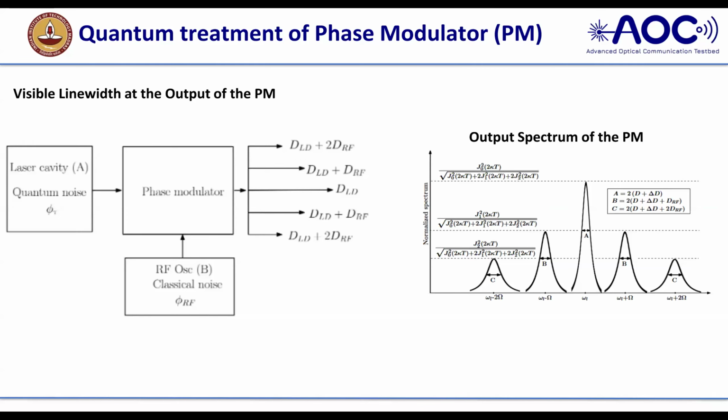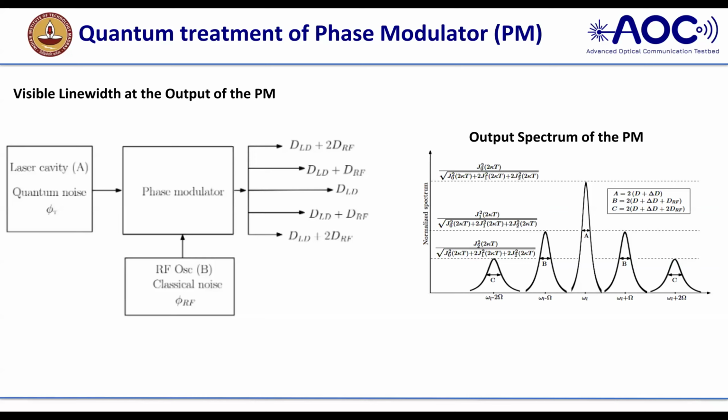So A, B, C are all interrelated, and you can decide what probability of the photon can fall to the other. So what is the output? We observe that when you have the laser cavity A, you have the quantum noise here. The RF oscillator has a phase noise phi RF, and it is given to the phase modulator.